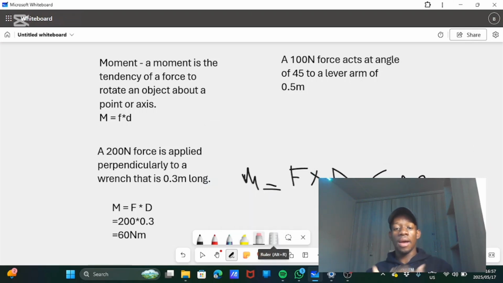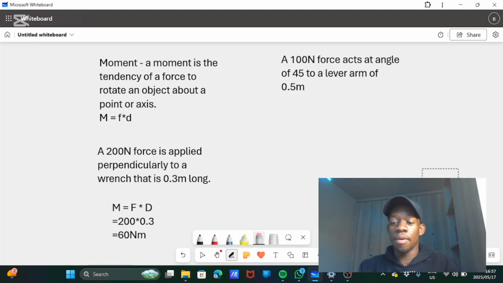If the force is not perpendicular, our formula is going to change like this. You're just going to multiply by the sine of theta. So let's do that.